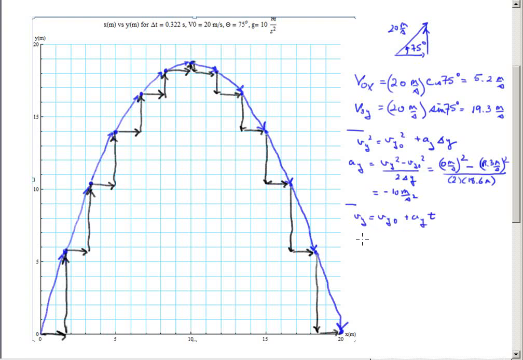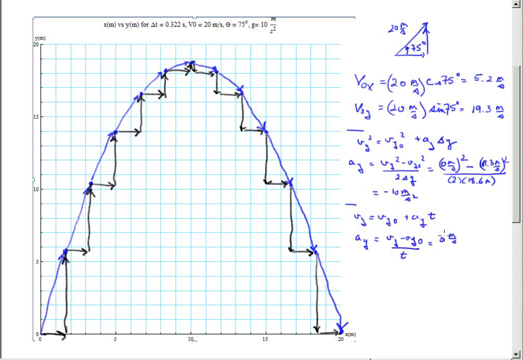And if I solve this equation for a sub y, it is equal to Vy minus Vy naught over t, which is equal to 0 meters per second.